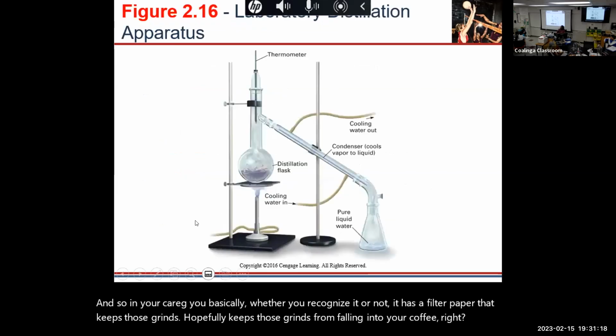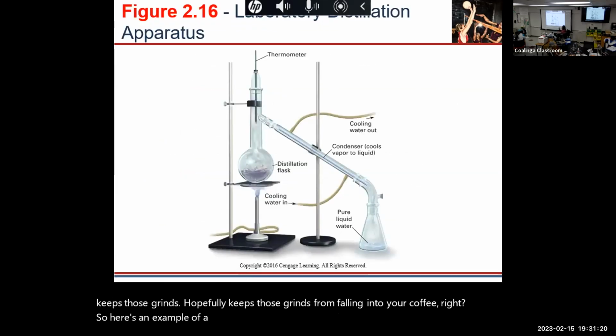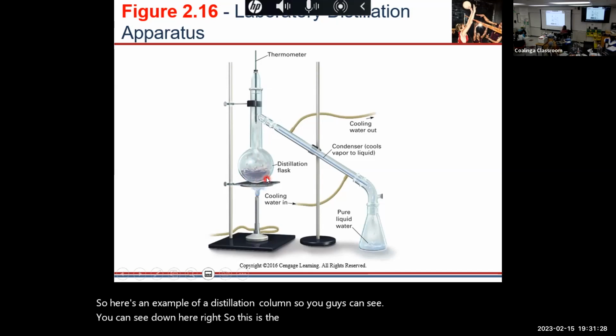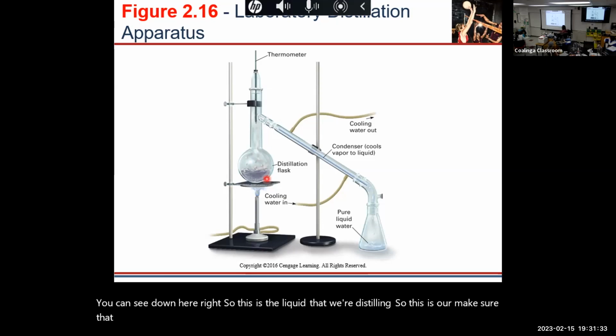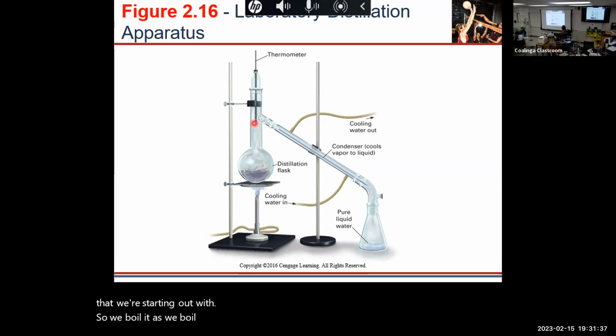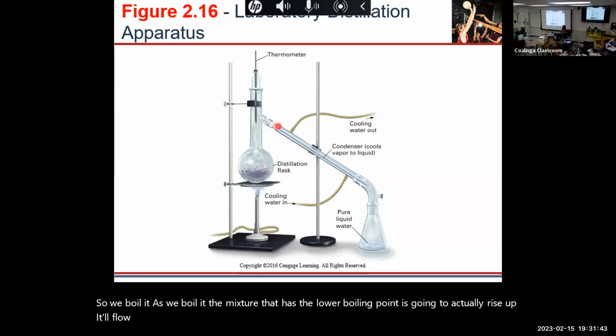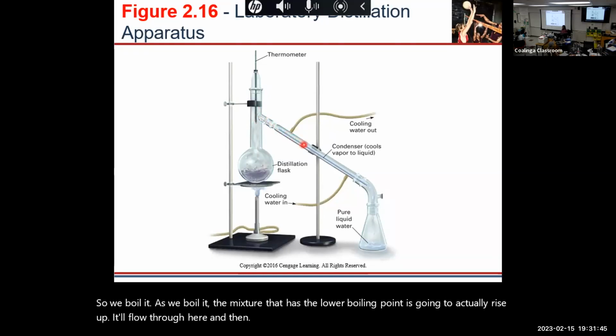Here is an example of a distillation column. Down here is the liquid that we're distilling, our starting mixture. We boil it, and the component with the lower boiling point rises up and flows through here, and then continues through here.